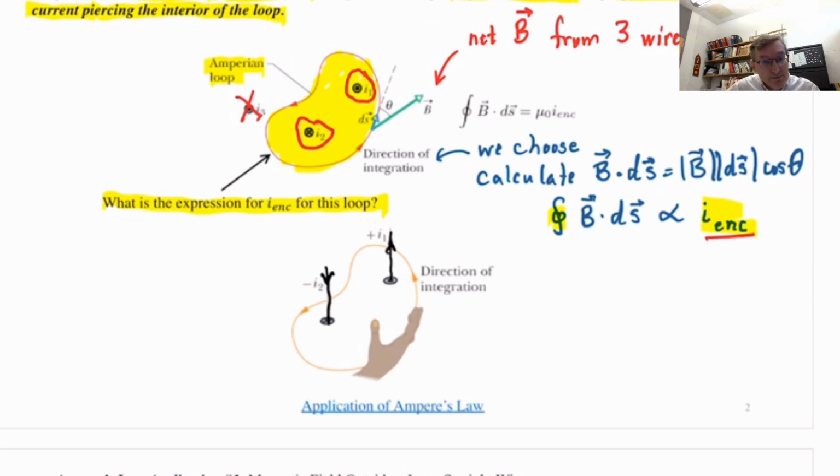Here what you do, the I enclosed right-hand rule, you might call it, is you imagine reaching in with the fingers of your right hand and putting them as if you were going to hold on to the loop with your fingers in the direction that we integrated to get the circulation.